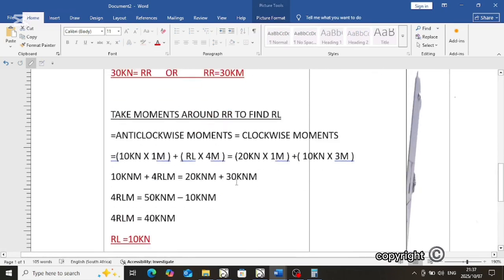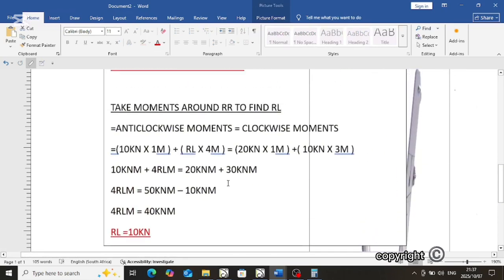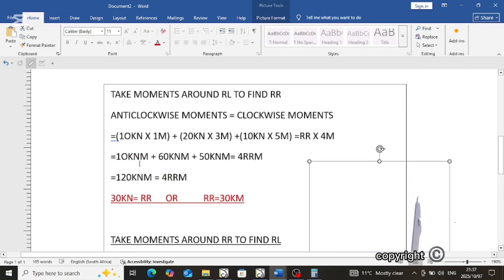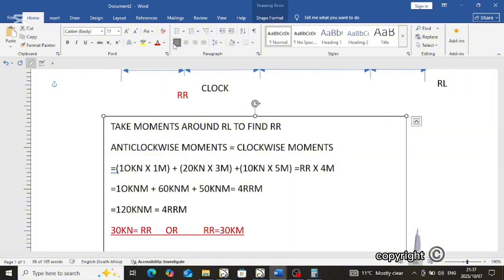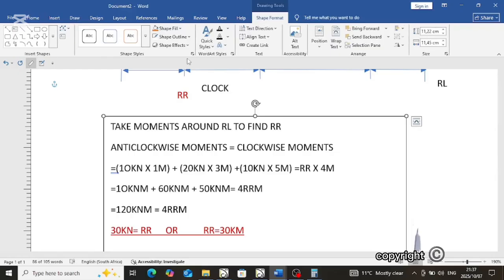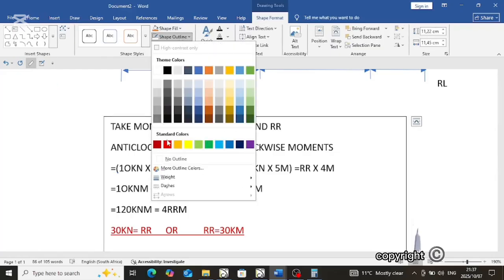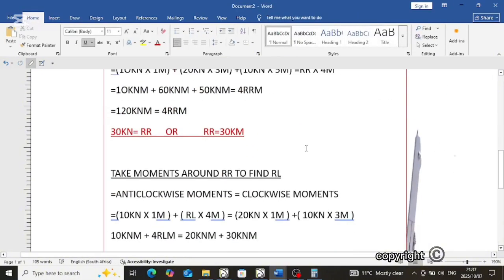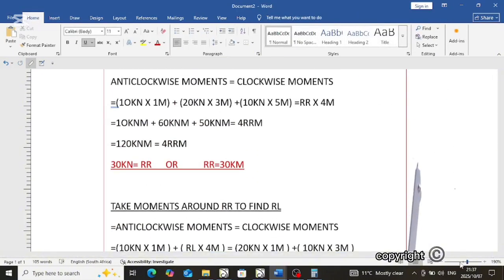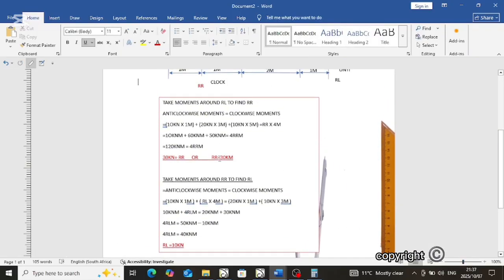This is the answer. Let me change the color to red and underline. Yes, like this, which means now we are using RR and RL. I want it to be red.